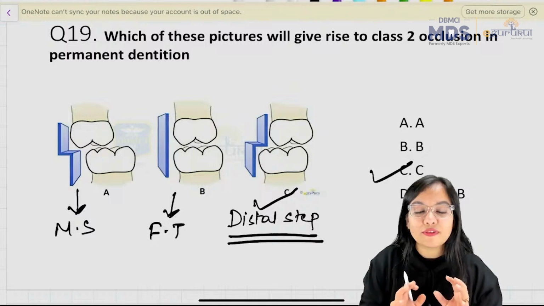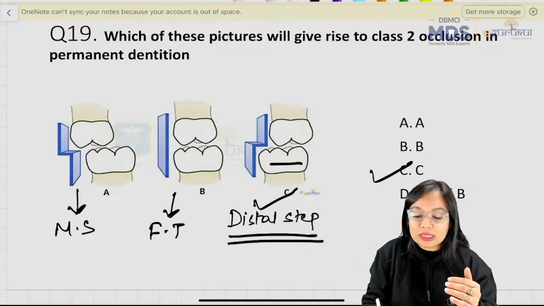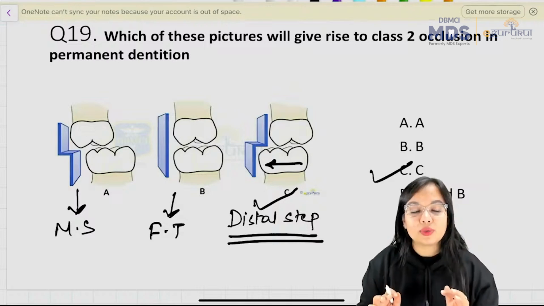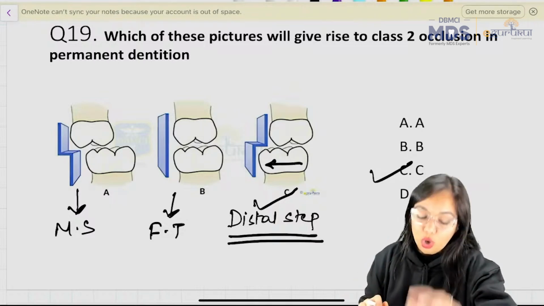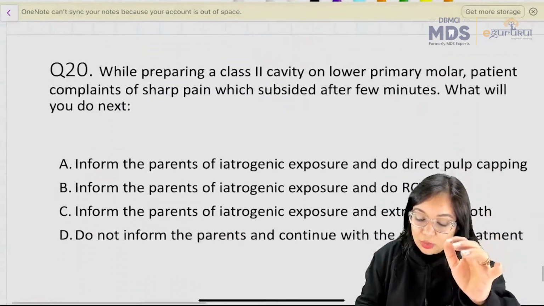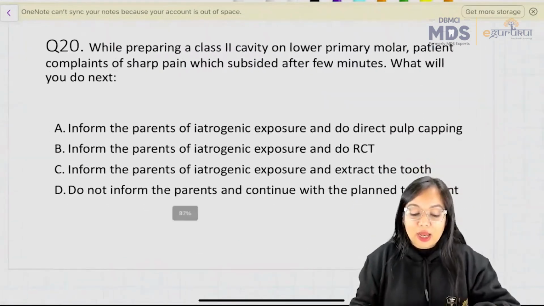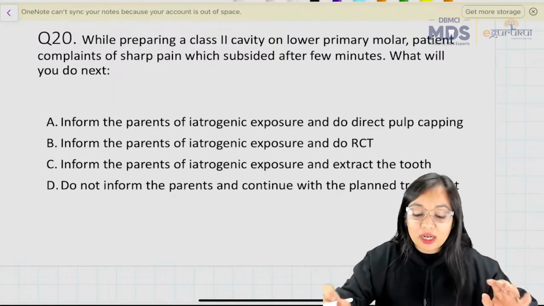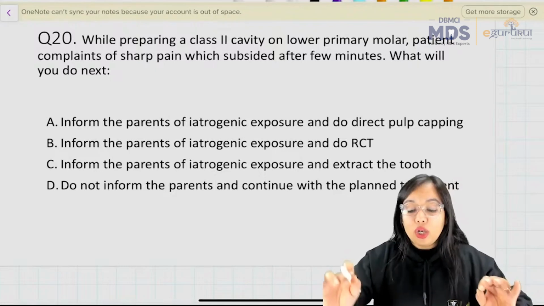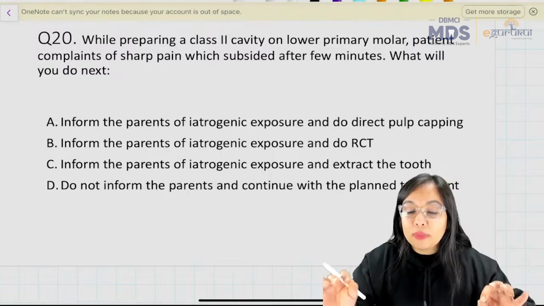So the distal surface of the lower second deciduous molar is distal to the upper second deciduous molar, and the permanent molars may erupt into an Angle's class 2 occlusion. So this leads to our last and final question of today's session, and that is, while preparing a class 2 cavity on lower primary molar, patient complains of sharp pain which subsided after few minutes.